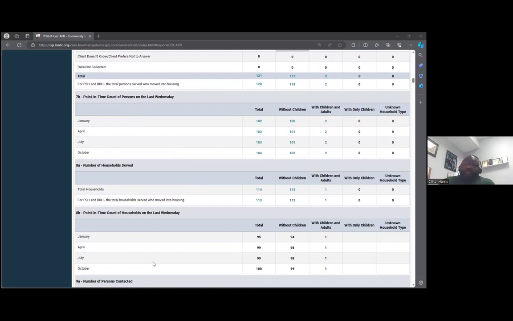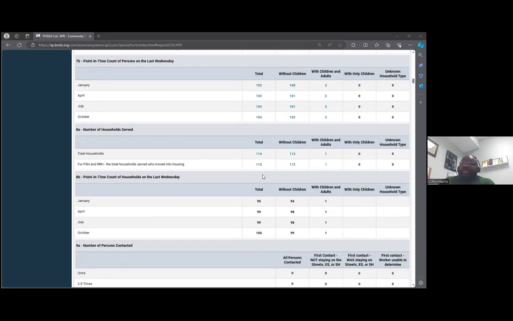And then the number of households as well. So in this particular program, there would have been 102, 103, 103, 104, which would probably have been over 100% if we had a 100 unit capacity. Now it takes that and combines all of the people into the households here.